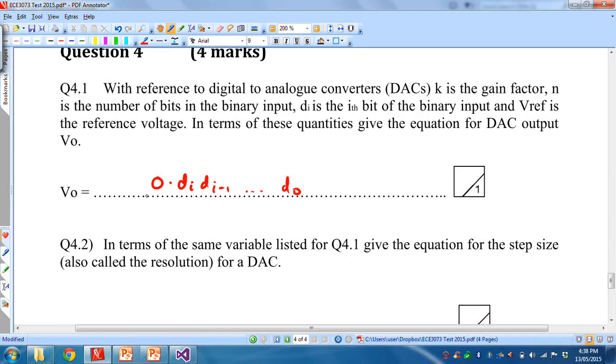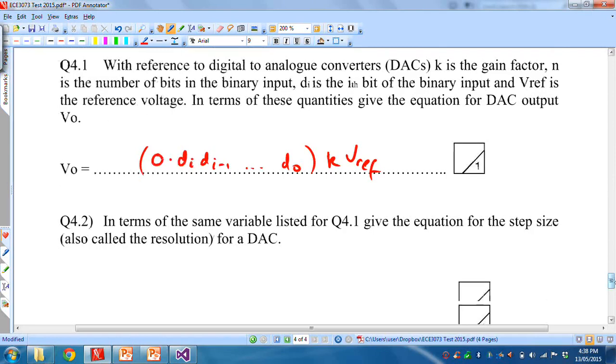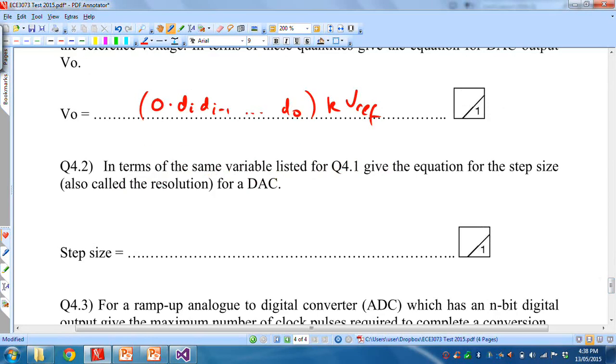And I have a voltage range. So this number is between 0 and 1, and my output voltage range is between 0 and kVref. So how do I scale that? I just scale that by kVref. So that's straightforward. Again, that was straight from the notes.